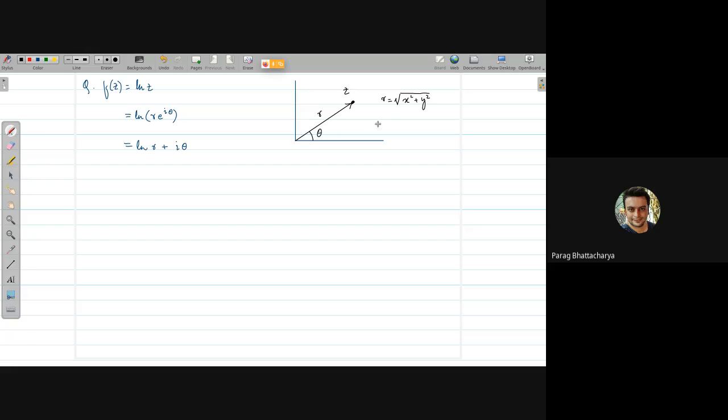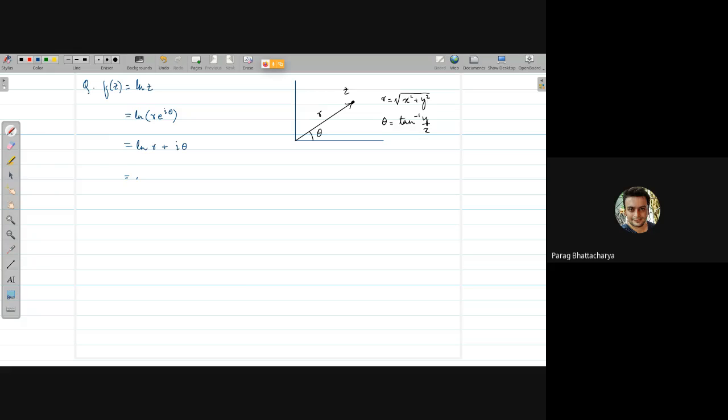And we have this theta, which can be obtained as the tan inverse of y by x, because tan theta is equal to y by x, right? So we have y and we have x. y by x is equal to tan theta, so theta is equal to tan inverse of y by x. Using this, we can write down this function in terms of x and y.